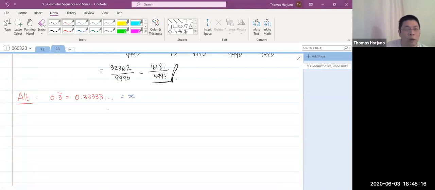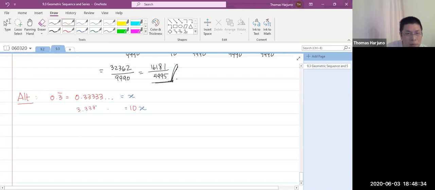So if I multiply by 10, then the decimal point will actually move one place to the right. Instead of moving the decimal point, I move the 3. This one moves here, this one moves here, this one moves on.